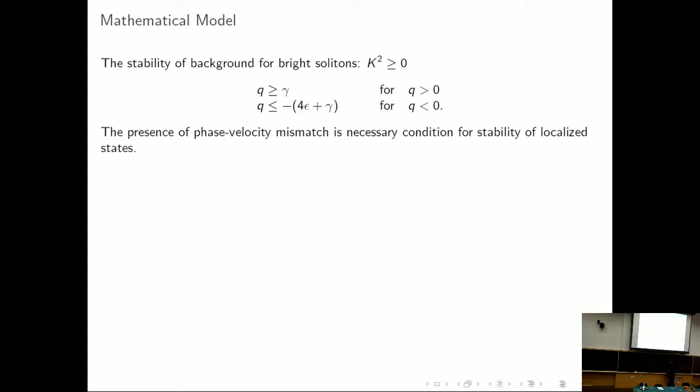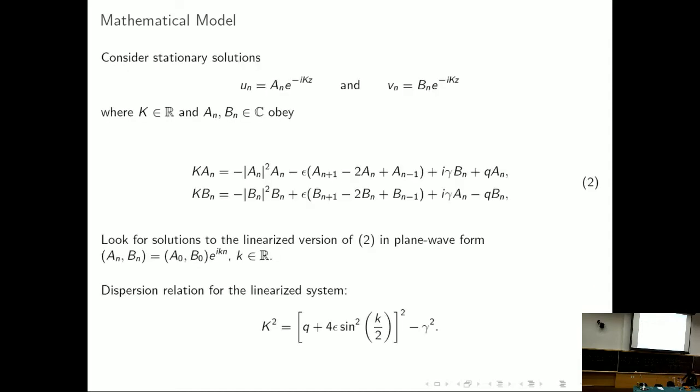So that is the interval of values of k squared which cannot be covered by the dispersion relation.